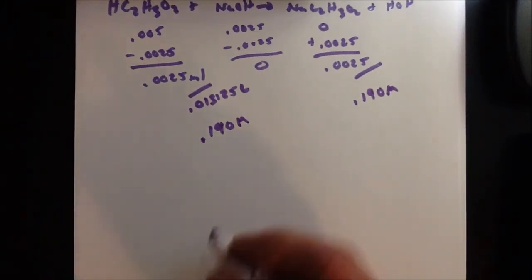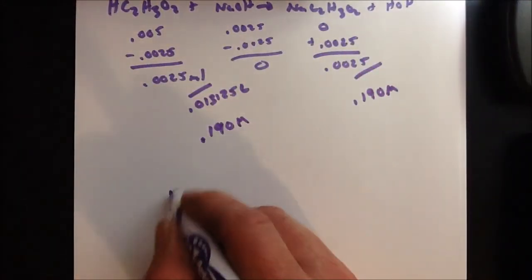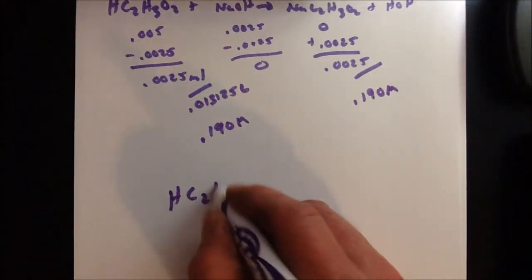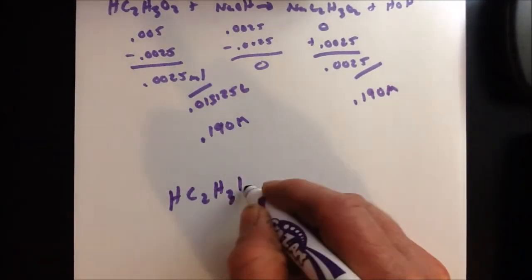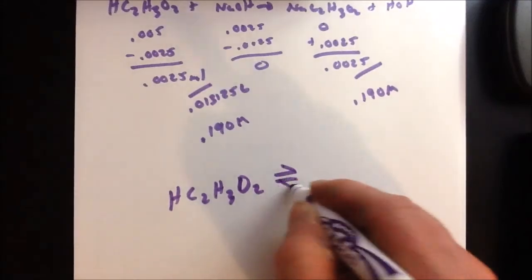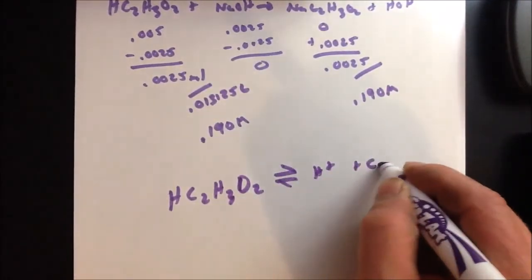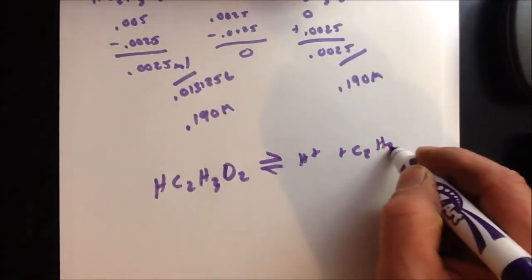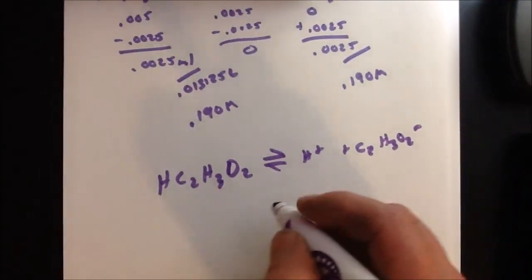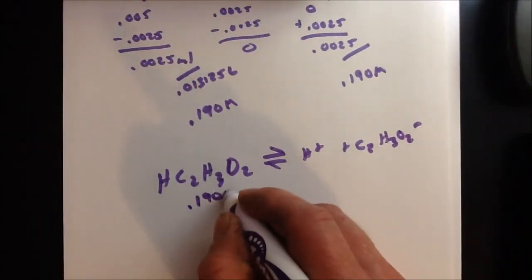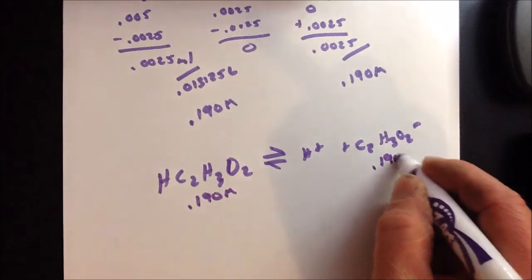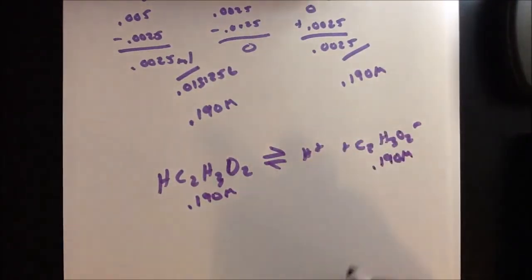So in order to calculate the pH now, and only now, because there's excess weak acid, we're ready to do equilibrium. And so, initially we have 0.190 molar acid and 0.190 molar acetate from the sodium acetate.